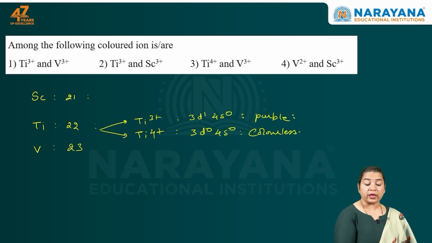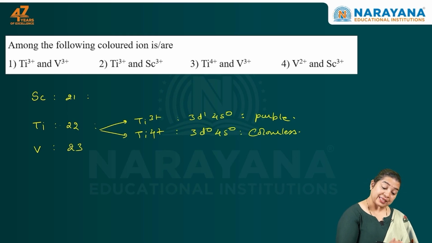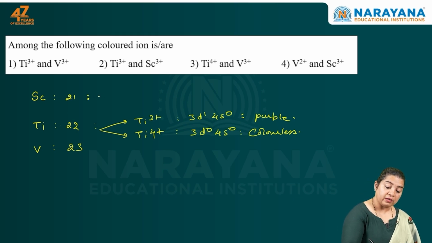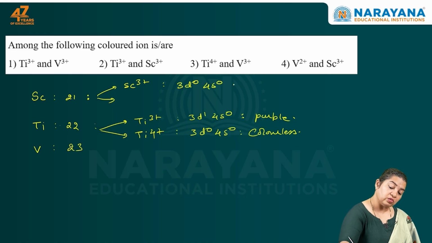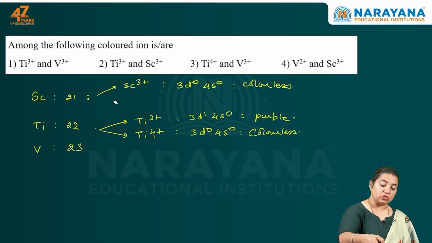There is one unpaired electron. Scandium is 3d1 4s2, but scandium 3 plus is asked, there is no other scandium. So 3 plus is going to be 3d0, 4s0 and is finally a colorless ion.